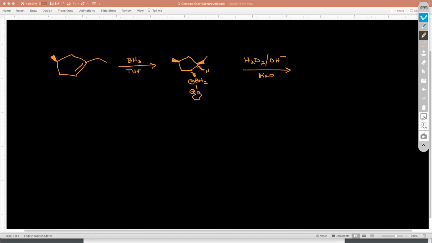Now, as I was mentioning, if we didn't have a stereocenter here, we would say that we would get a pair of enantiomers. In reality, what we're going to get is a pair of diastereomers.